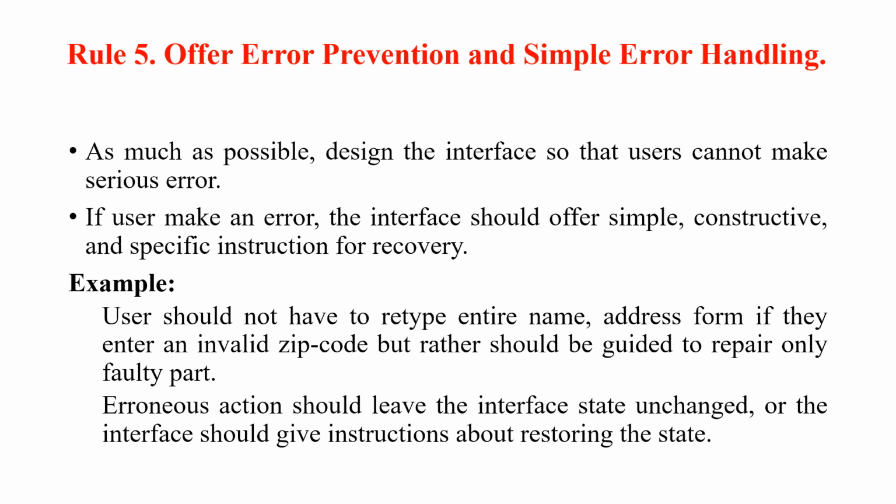At the same time, don't send him back or ask him to start from the beginning, because it will repeat the process from the start. So allow him at that point to repair that fault. That is offer error prevention and simple error handling.